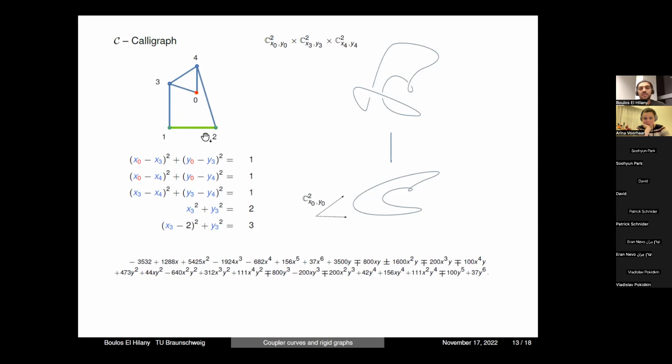The green one is fixed to be 2, so I don't put the equation for it. Once I fix the edge lengths, I assume that they are generic. This gives me a certain curve in the space of variables x0, y0, x3, y3, x4, y4, because those are moving.